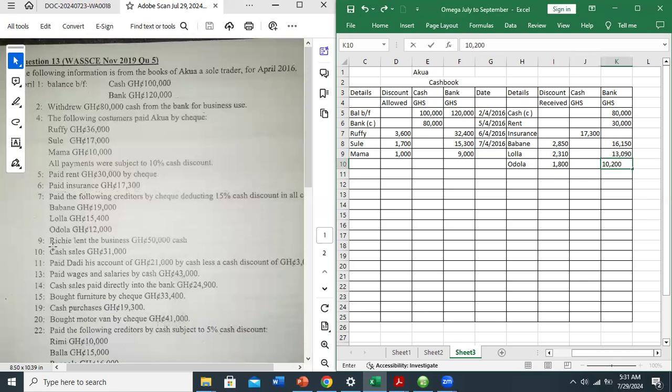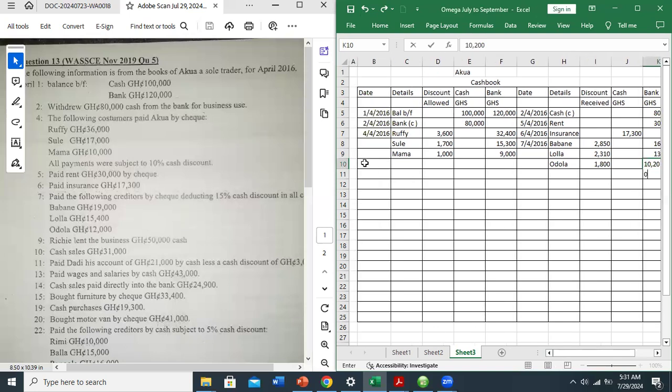The next date, 7th, Richie lent the business 50,000 cash. So Richie has given us a loan, right? We are receiving a loan from Richie. So this is what we do. We debit our cash book on the date, which is on the 9th. Now be very careful.